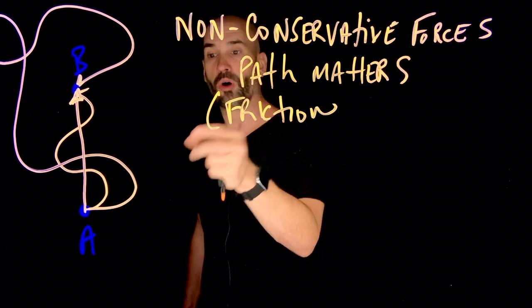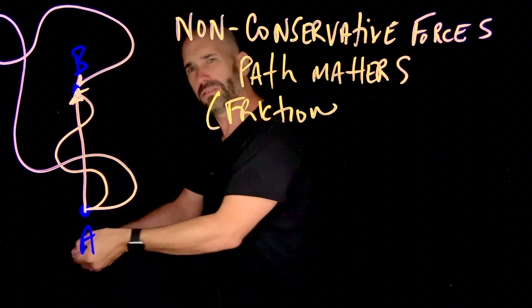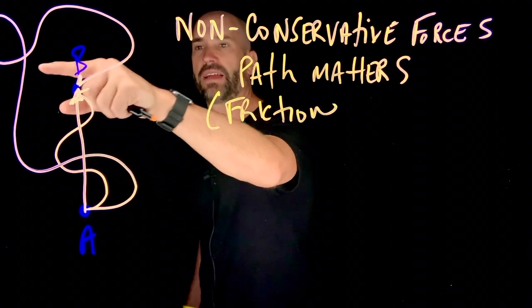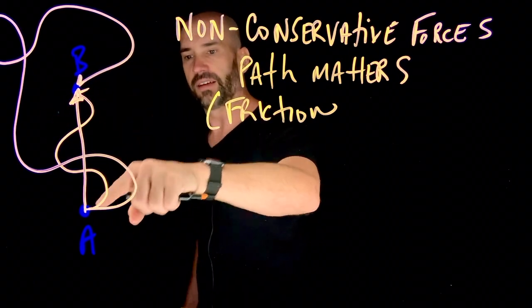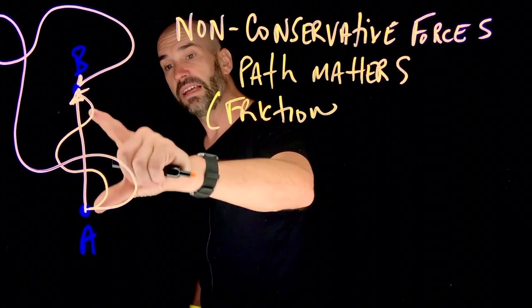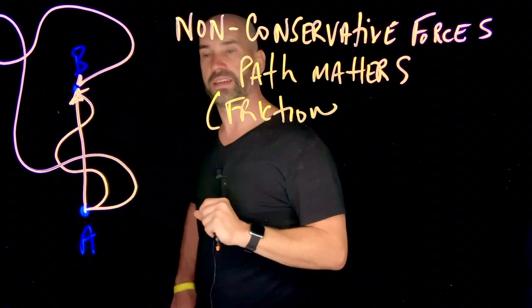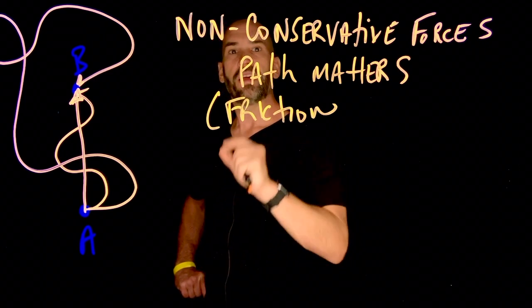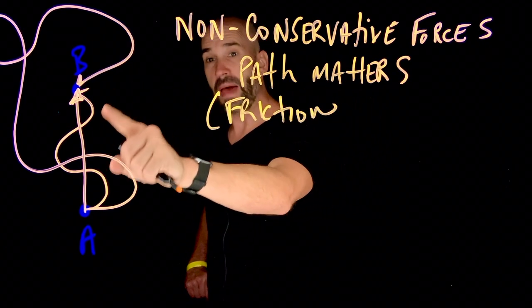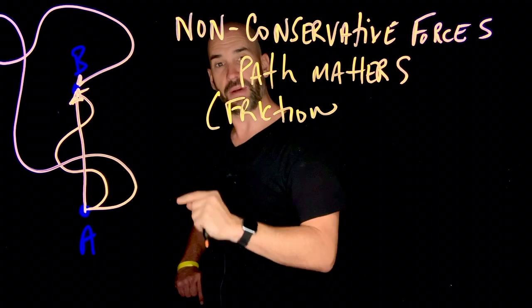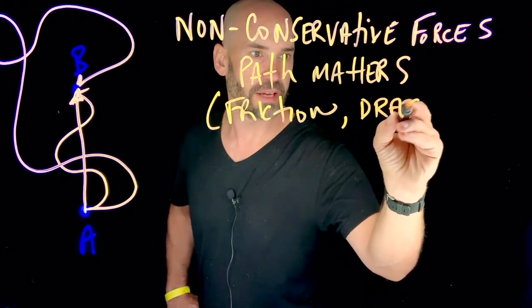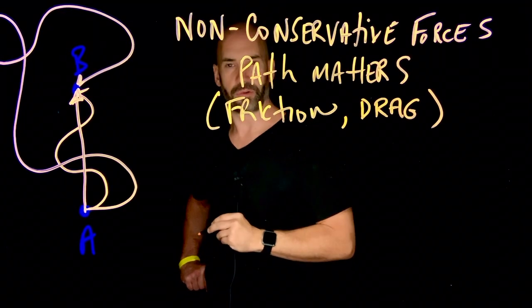It's going to take more work to drag this shoe along this path from A to B, even though you still begin and end at the same spot. So for non-conservative forces, the path matters. The two biggest ones that we'll see in this class are friction and drag. These are non-conservative forces.